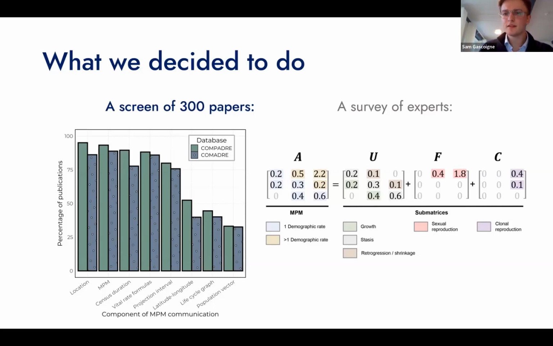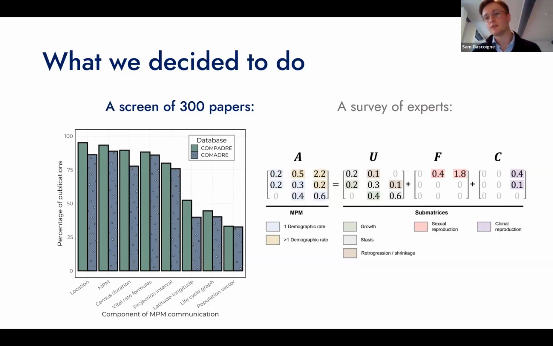However, the contribution from stage 2 to stage 1, which is second column, first row, has two demographic rates that build it up. Specifically, a retrogression or shrinkage rate that you can see in U, and a sexual reproduction component.